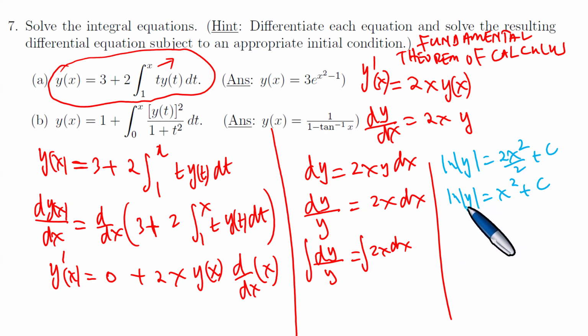If you put y equals 1, then you'd have 0. But if you have this, then you are able to see that y is e to the x squared plus c.